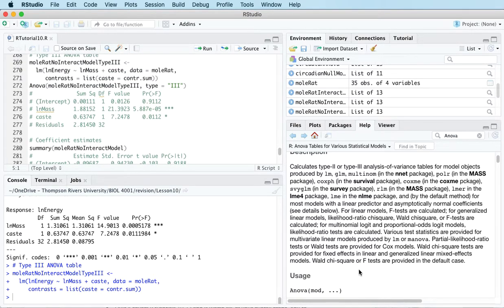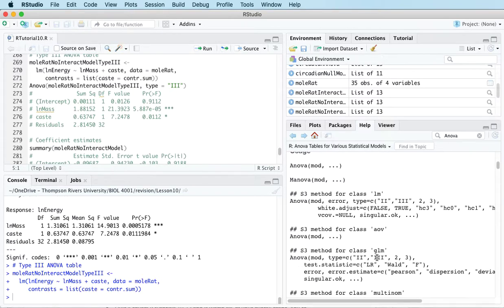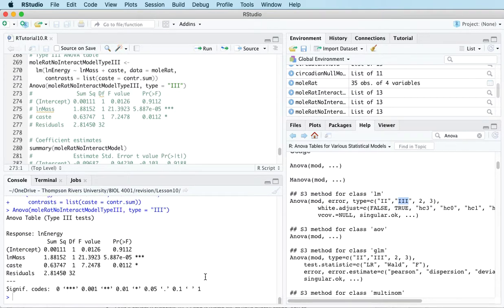And you can read all about it here, but you can see we can do different types. We can do type 2 and type 3, whereas the regular ANOVA with a lowercase a does type 1. So we want to do type 3, so that's why I've got type 3 here. Okay, so if we run this, then we do get what we want.